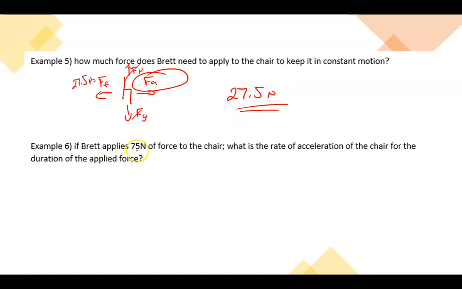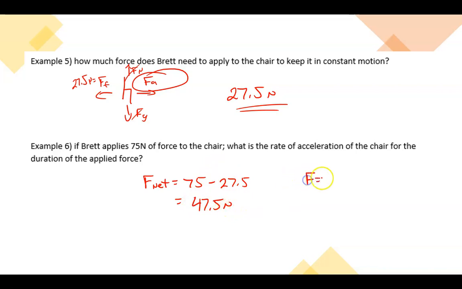Now, if he applied 75 newtons on the floor, what is the acceleration? Well, the net force acting upon it is going to be that 75 that he applies minus the 27.5 of friction. So that gets you a total of 47.5 newtons of net force.